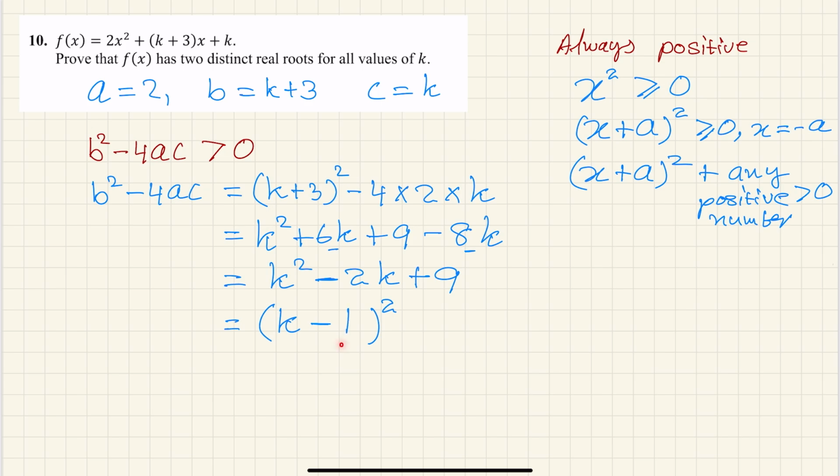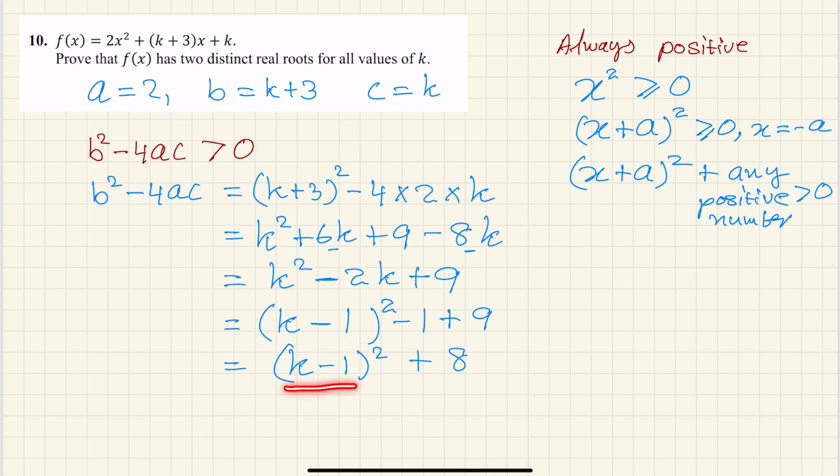At the same time, remember, we need to subtract the square of this number, which is minus 1. At the end, we have plus 9. Now, if you simplify this, you get k minus 1 all square plus 8.